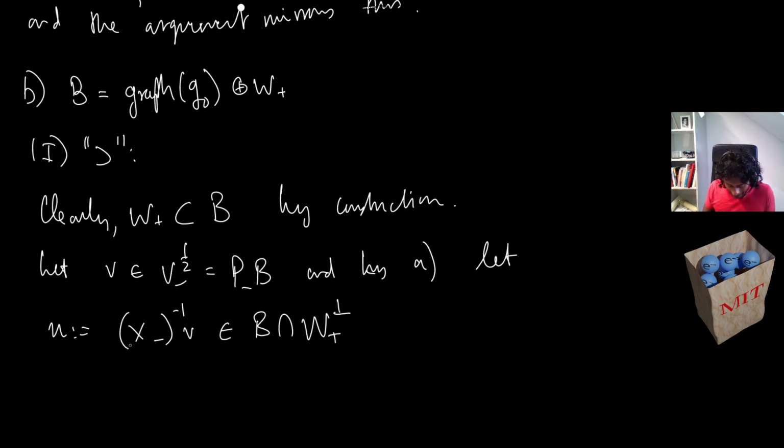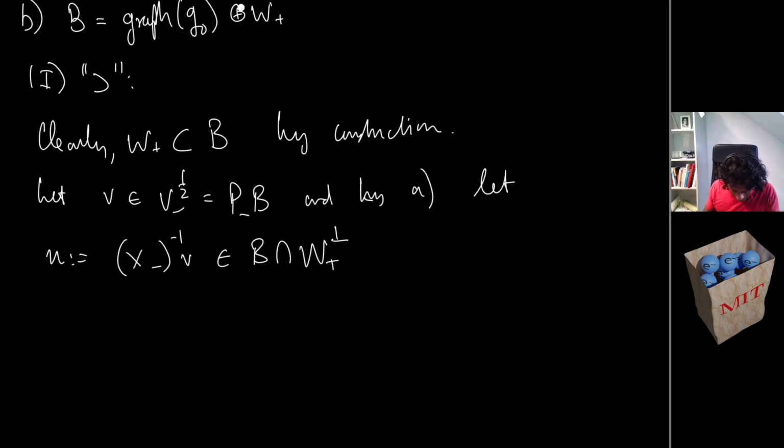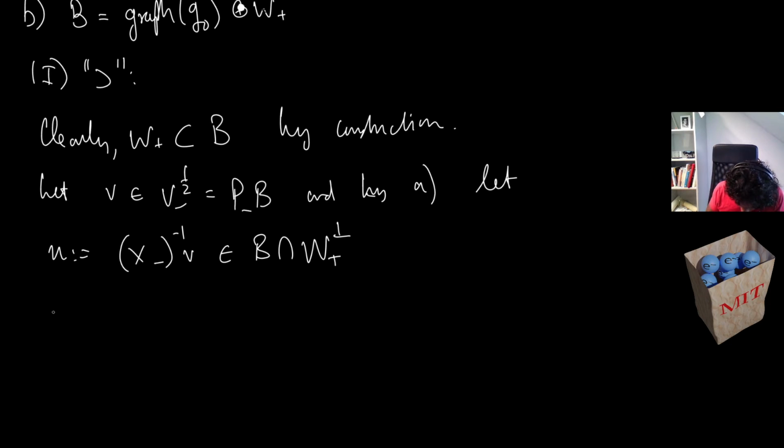So remember, the map X takes us from B intersect W plus bijectively to P minus of B. So now let's have a look.